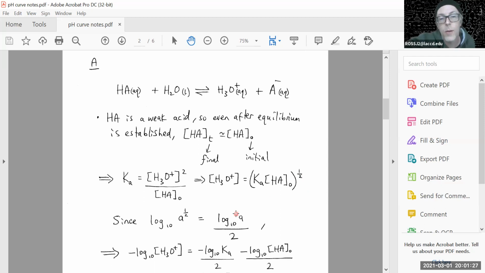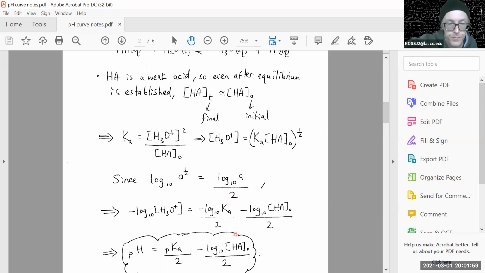We know from one of our basic log rules, and we use base 10 because of the definition of acids and bases here, that if you take the log of some constant square rooted, you can rewrite the exponent, a half, as a coefficient. So that exponent a half, you can just write as a coefficient a half. That's one of our log rules.